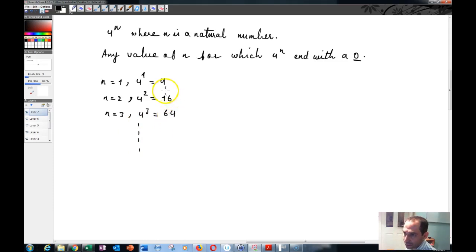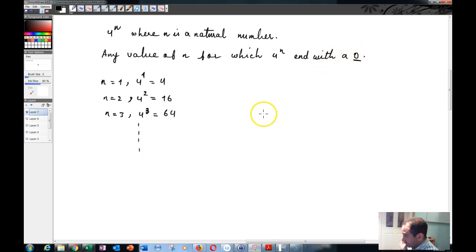So you have all the natural numbers, and you can raise 4 to all of those numbers, and you want to know if there is any value of n for which 4 raised to the power n can actually end with a 0.